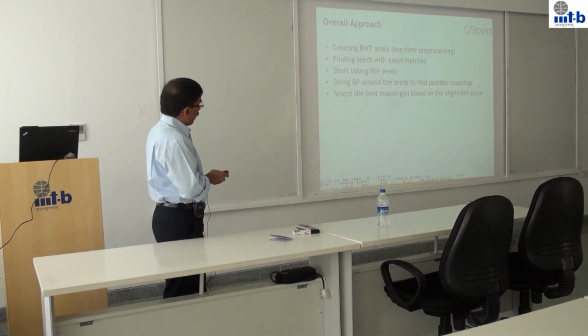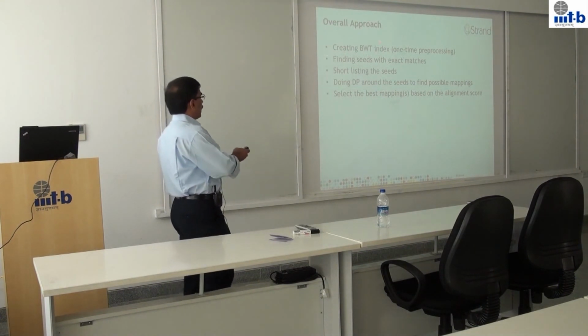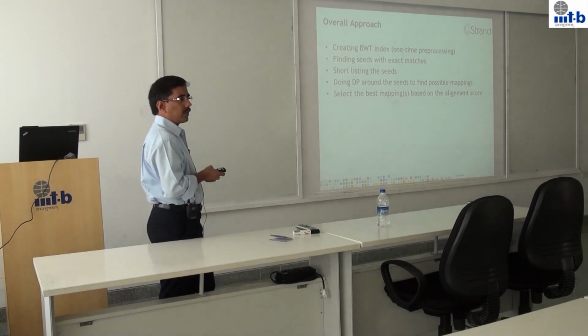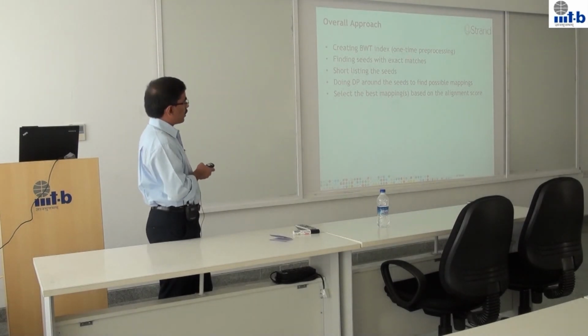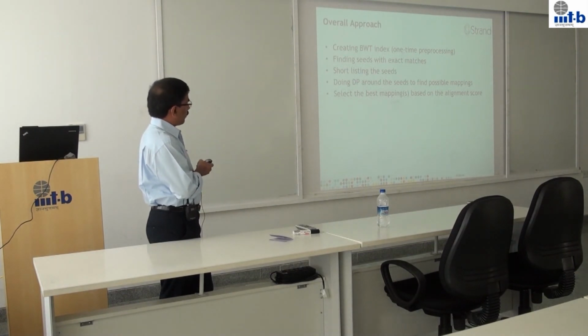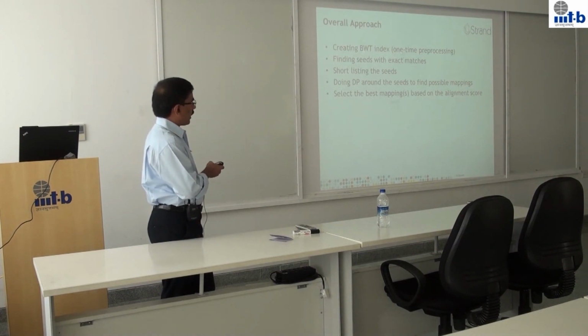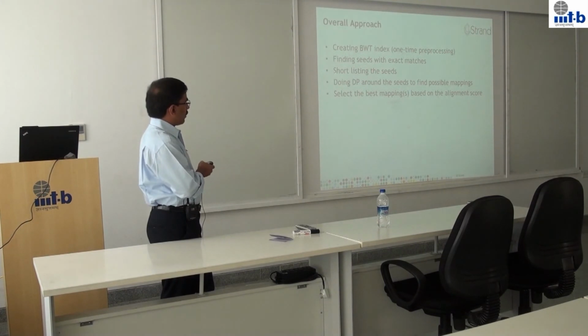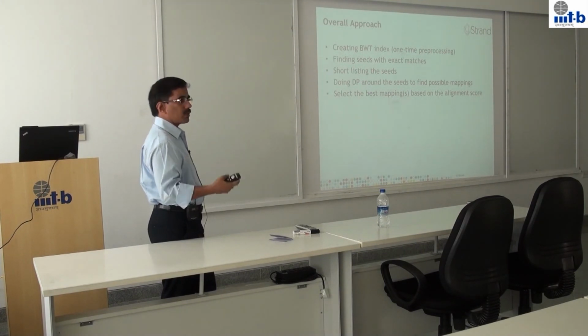So with this, the overall approach for the alignment is we create the BWT index, which is just one-time pre-processing, and we have seen that it can be subsampled to fit into our available memory. After that, we have a bunch of reads which we need to align against the reference. For each read, we find the seeds with exact matches, and we have logic that we use to shortlist the seeds. We can't process all the seeds.